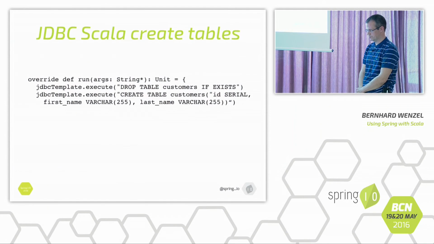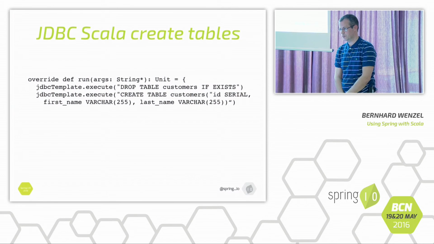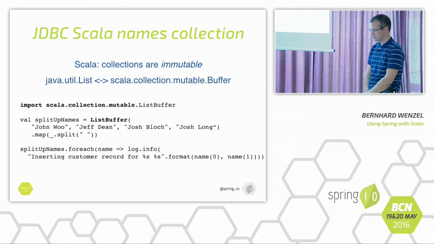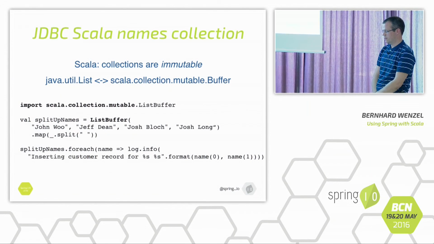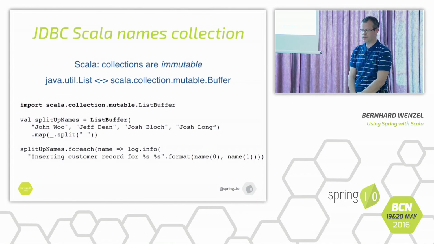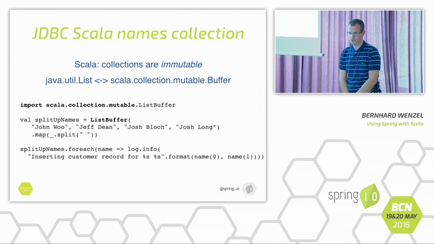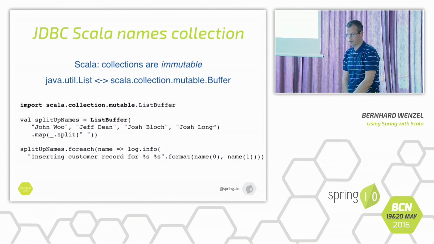Okay, so the Scala side, the table creation is just one-to-one the same thing. Now we want to create the collection. And you have to know that in Scala, all collections are by default immutable. So if we want to work with Java on the Java side, we have to use mutable collections. And Scala provides a mutable package for this.